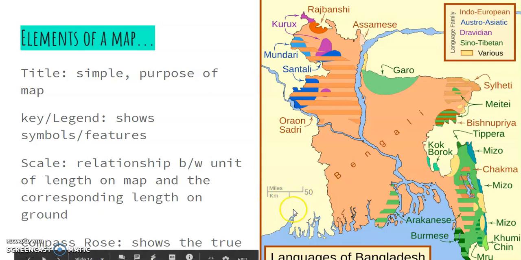You can see that it's obviously not real life, but if you were to go 50 miles in, you might come to this river. And then the compass rose shows the true cardinal directions. This map does not have a compass rose, but it is oriented with north at the top and south at the bottom. Most maps, if they don't have a compass rose, will be oriented correctly for you.